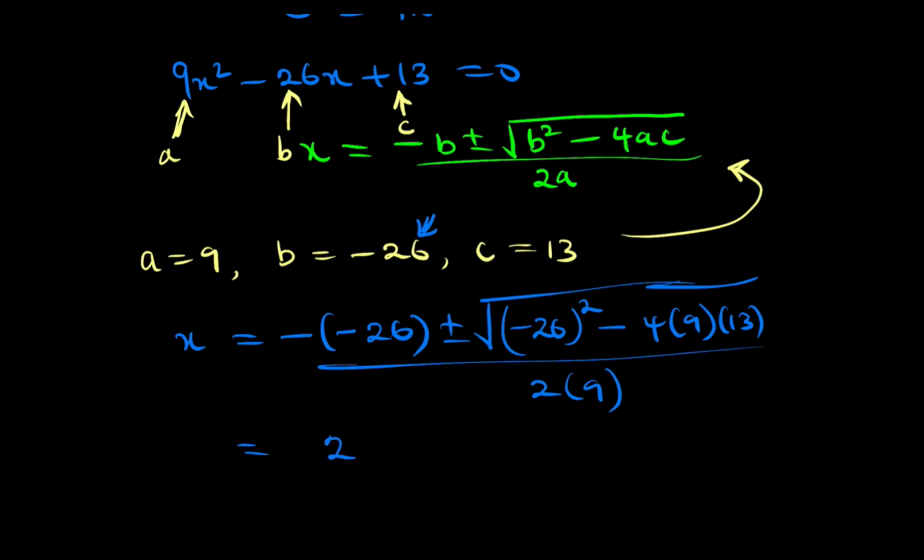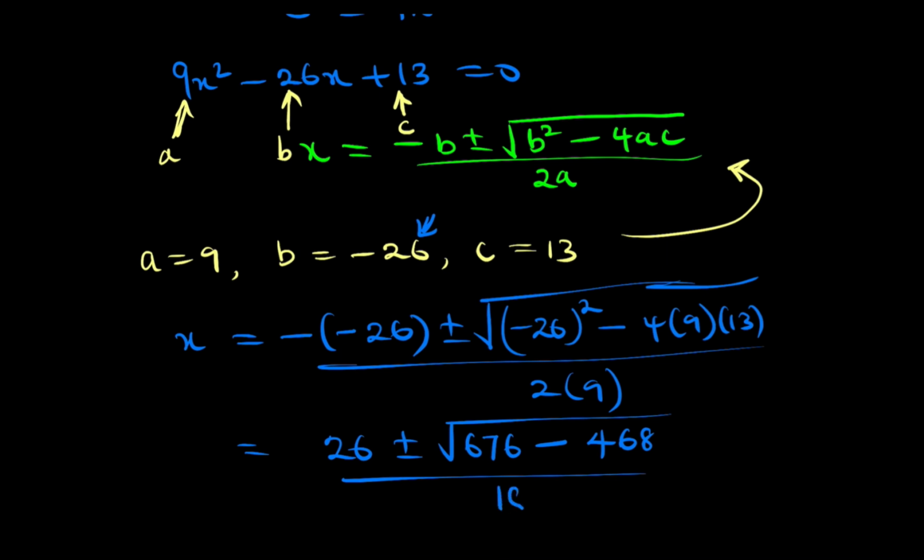This is 26 plus or minus the square root of 26 squared is 676, then minus 4 times 9 times 13 is 468, then divided by 2 times 9 is 18.